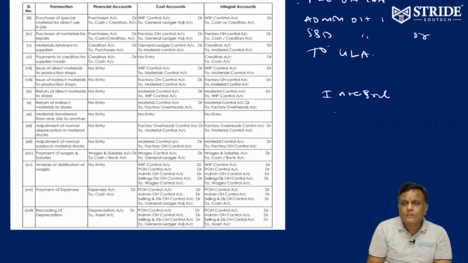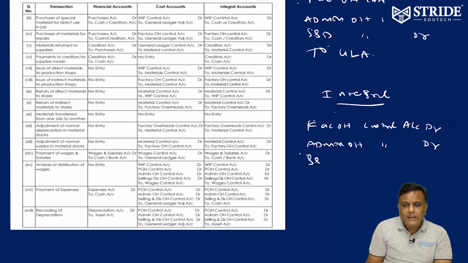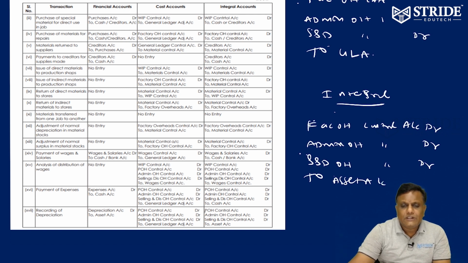In integral books, debit from cost: factory overhead control account debit, admin overhead control account debit, selling and distribution overhead control account debit, and credit we have to use from financial, to asset account. That's it.